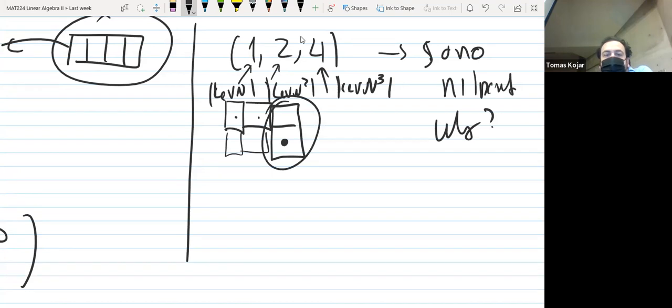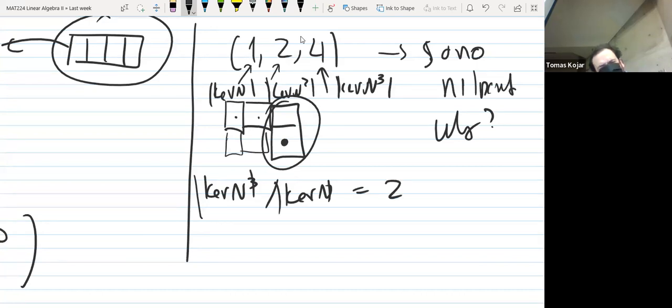So here you have the kernel of n cubed, take away the kernel of n is two-dimensional, right? No, it's two. And I mean the square here is. Or you can do it this way as well. Yes. So that means there are two vectors that do not correspond to the kernel of n.